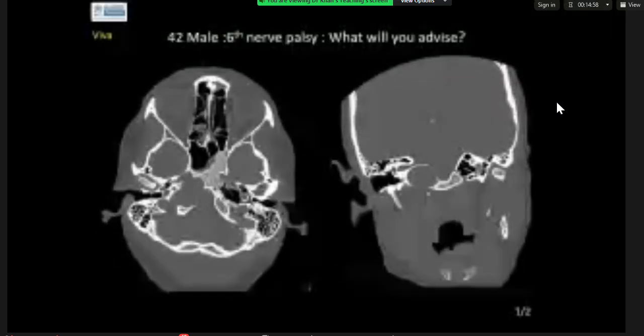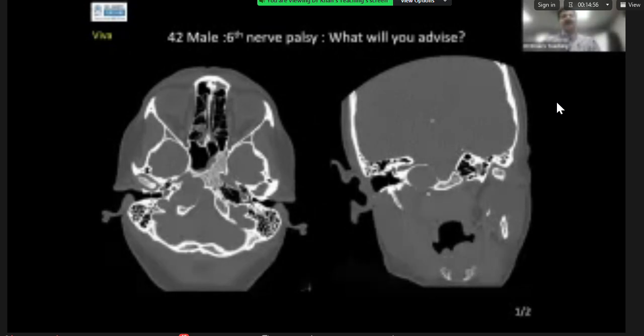Expansion, that's the key word, isn't it? Osteolysis or erosion can happen just like that. So what comes to your mind then? This is expanded like anything.